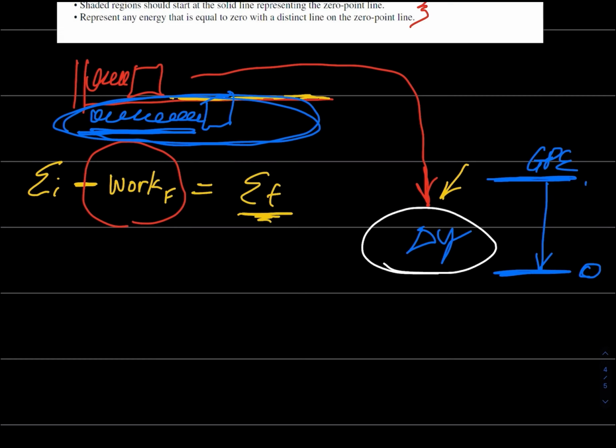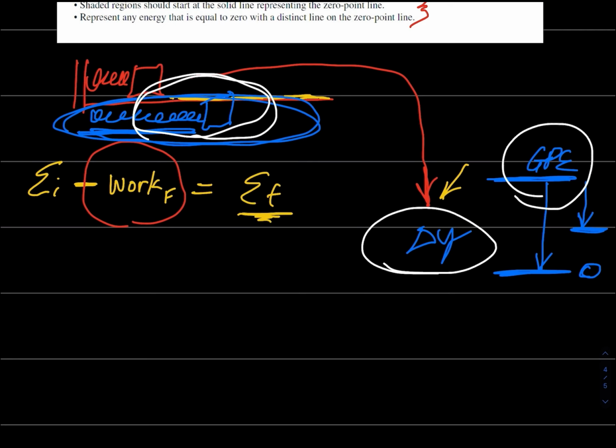So the mass is not going to descend as far, and it's going to still have a little bit of its gravitational potential energy when it stops. And the spring is going to have less of its spring potential energy when it stops, and the sum of these two is going to be less than the initial energy because friction took some.